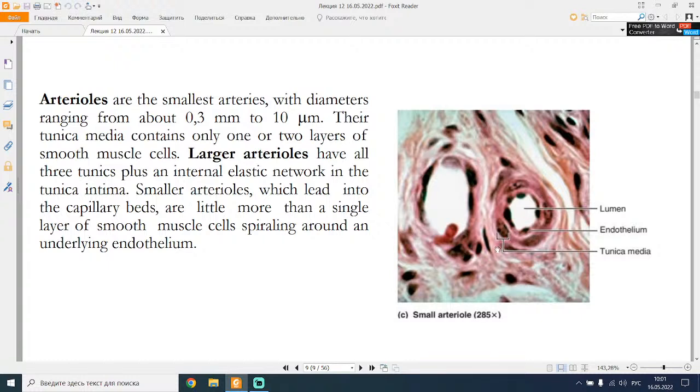Smaller arterioles which lead into capillary beds are little more than a single layer of smooth muscle cells spiraling around an underlying endothelium. What you see: arteriole, lumen, endothelium, and tunica media. Around arterioles is located connective tissue.